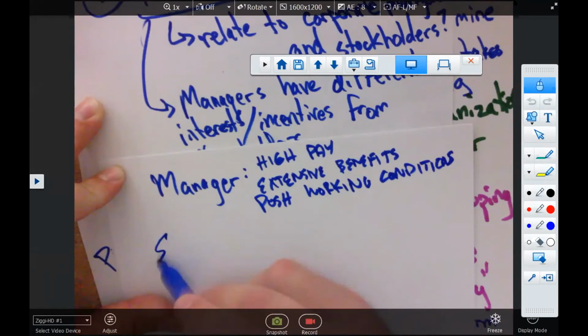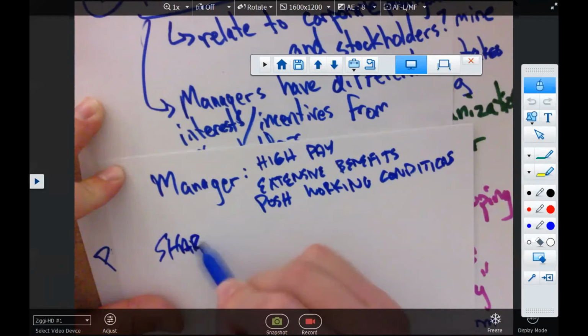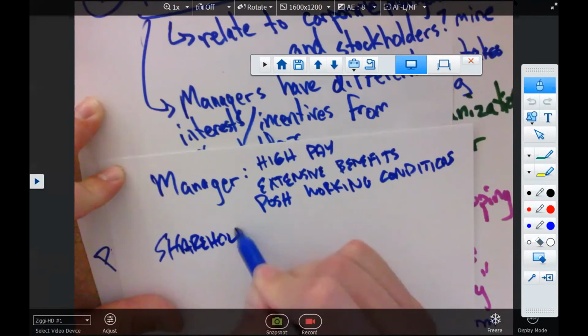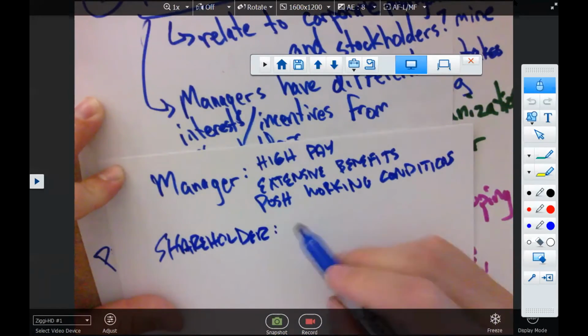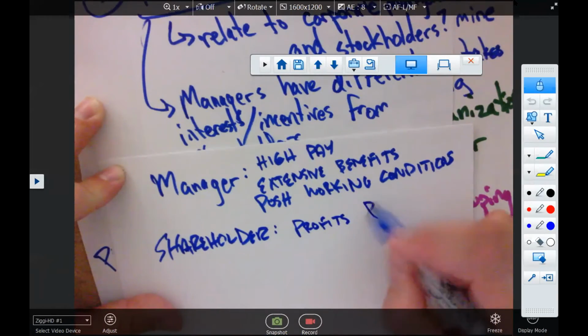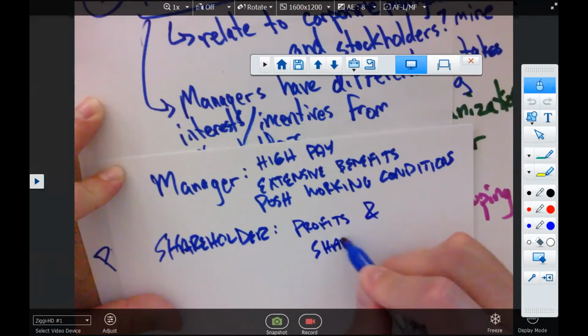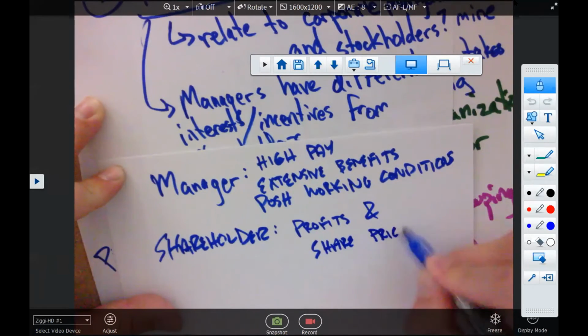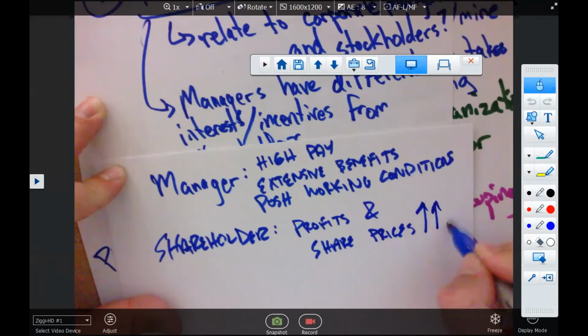And what does the shareholder want? Return on his profits. Wants profits and share prices to go through the roof.